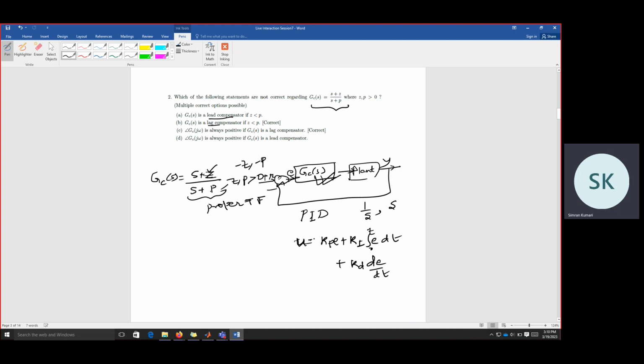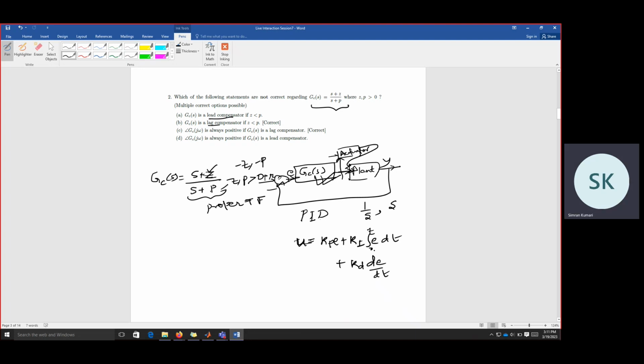This is the input to the plant. Now this input either can go directly to the plant or there will be some block, kind of an actuator, that will realize the input to the plant. So this U will go to this one and then this will pass the signal to the plant.